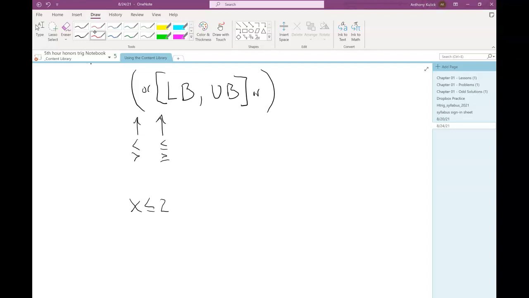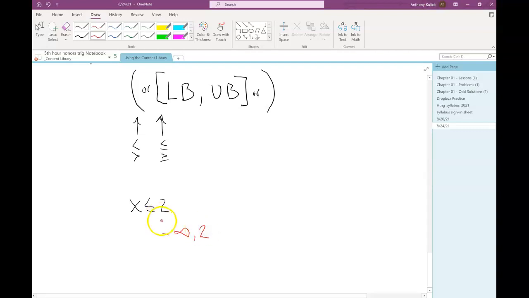Paul? Would it be negative infinity? Yeah, negative infinity. Since it's less than 2, you can always find another number less than something. So if we keep going all the way down in that direction, you land at negative infinity. The upper bound for this would be 2.